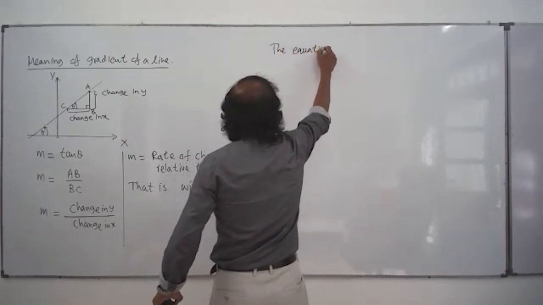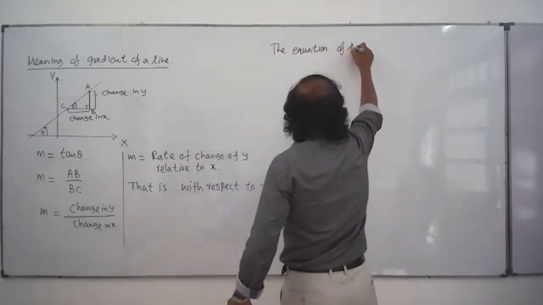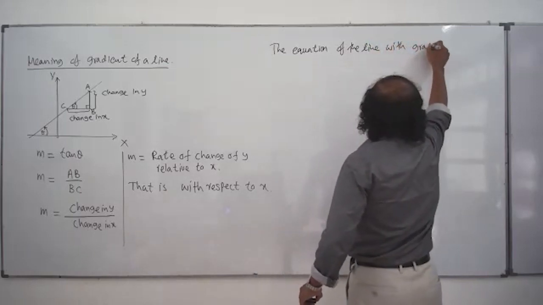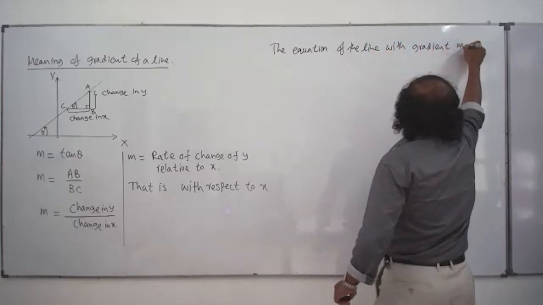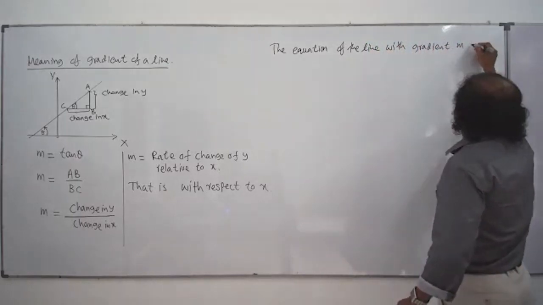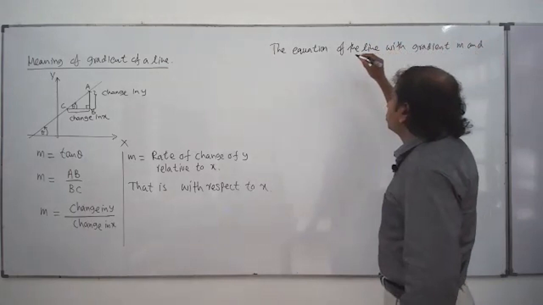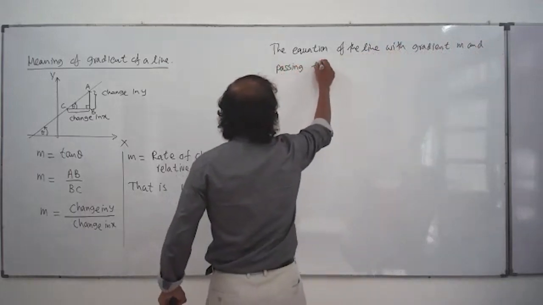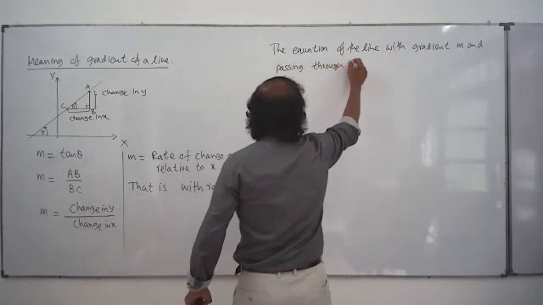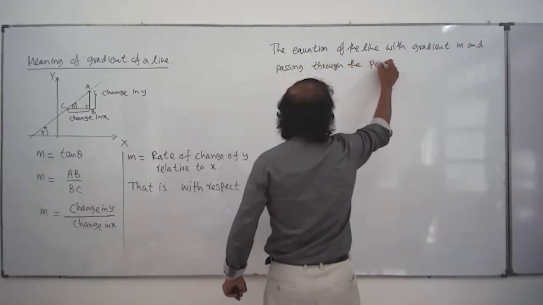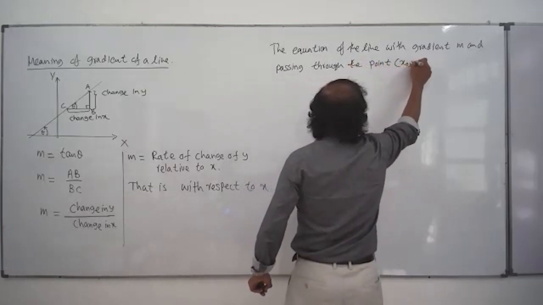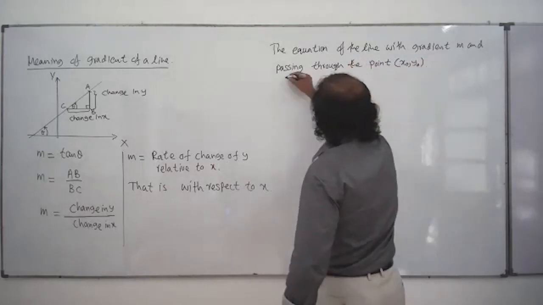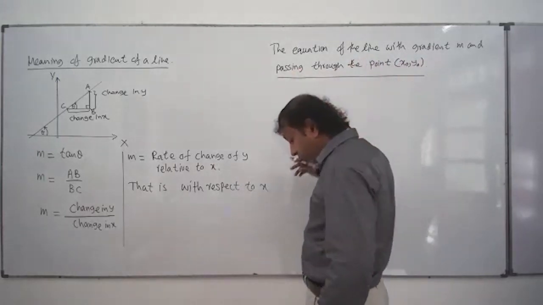The equation of the line with gradient simple name m and passing through the point x naught comma y naught.